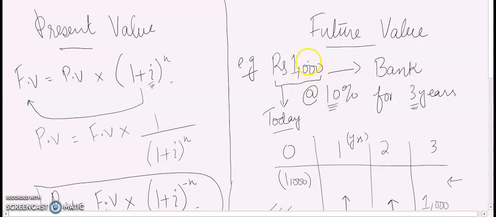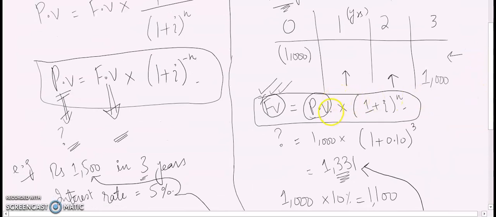So what if you know the present value today and you want a future value? What you will do is you will use the formula for future value. Well, the formula is the same in both cases. All you need to do is rearrange it for what you want to find out. If you want to find out the future value, you will keep future value on the left hand side and all the variables on the other side, and the same goes for finding out the present value.